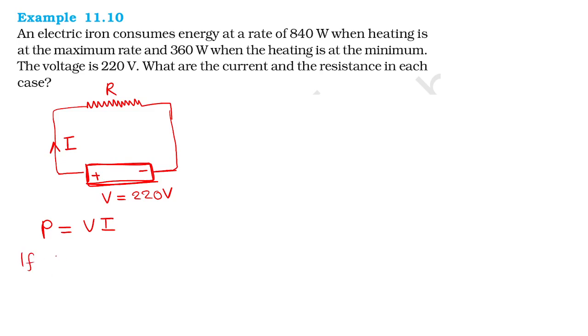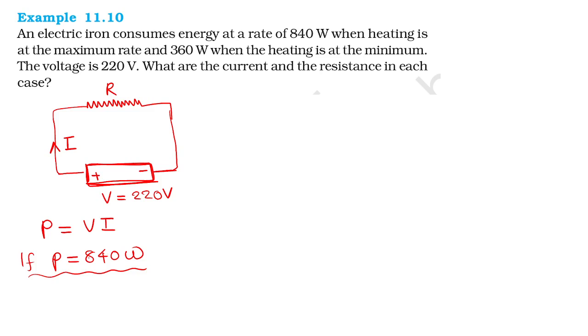So at the maximum level, the power developed is 840 watts. Understood? Mentioned in the question. At the maximum level, the electric iron produces heat energy at 840 watts, in 1 second. Power equal to 840.